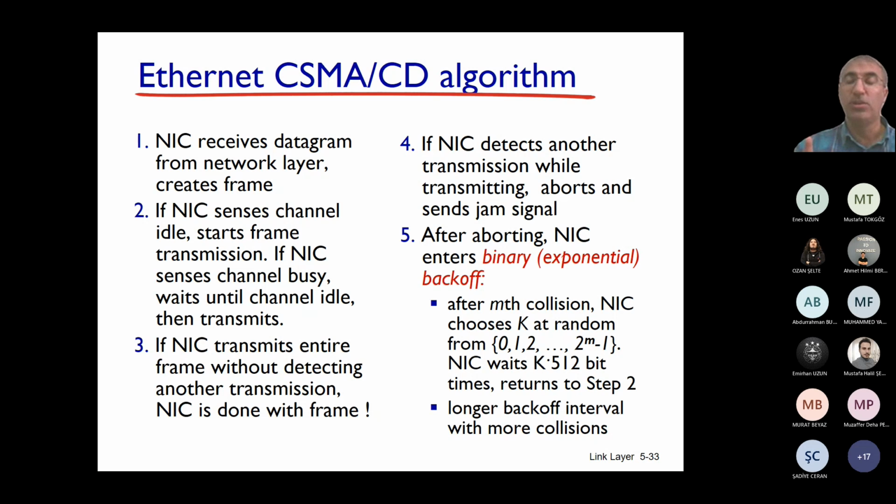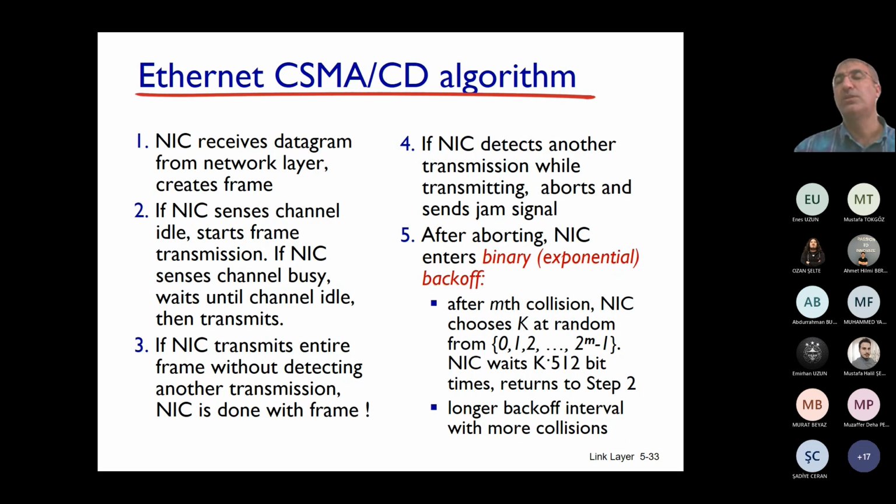It detects the collision and stops its transmission, and also tells the other nodes in the network that there is a collision, there is a jam. So it broadcasts this jam signal so that the other nodes in the network know that there is such a collision. After aborting, the NIC needs to wait for some time.